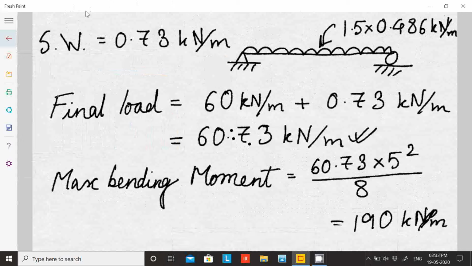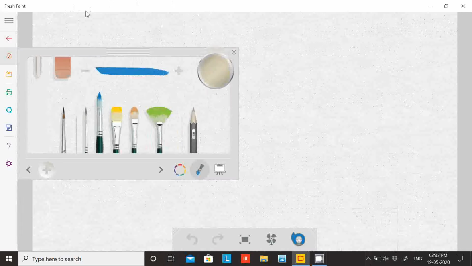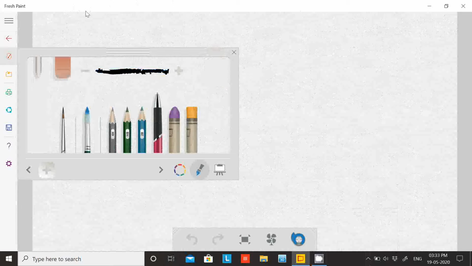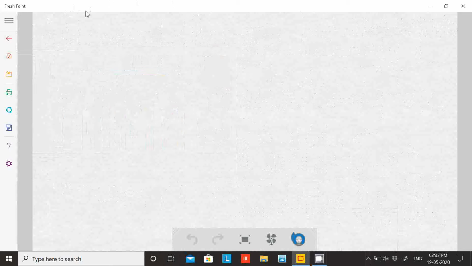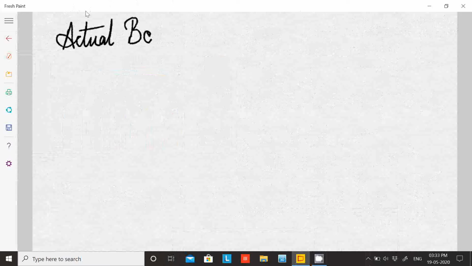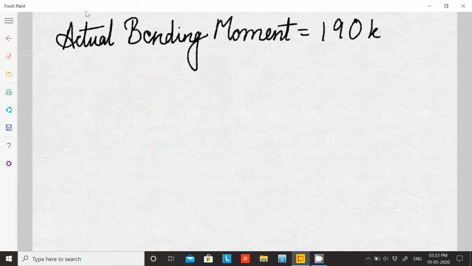That is the maximum bending moment that is actually acting. So it was not actually 187.5, it is actually 190.